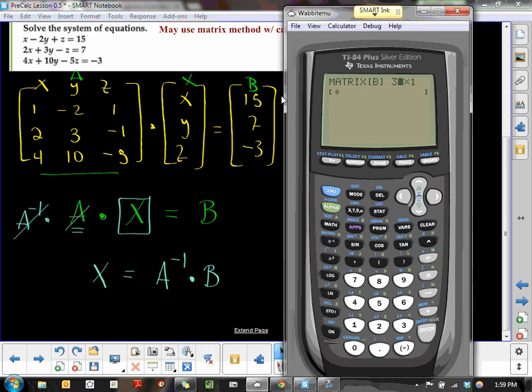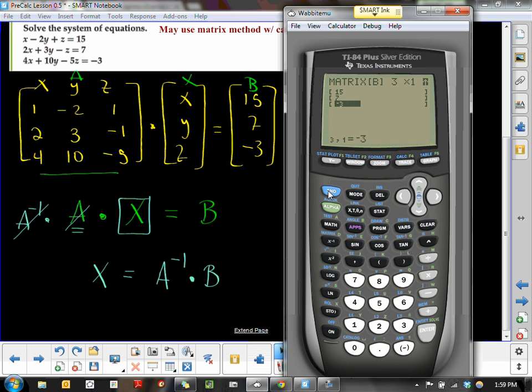This is our matrix B that we're going to enter, so we hit enter, enter. I got to put a 15, a 7, and a -3 into our matrix B. Okay, so what I've done is I've put matrix A and matrix B into the graphing calculator.